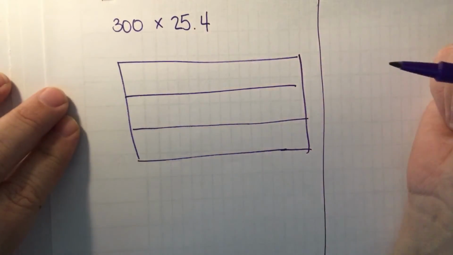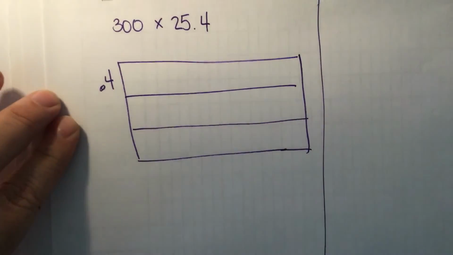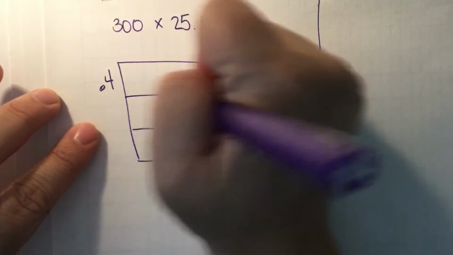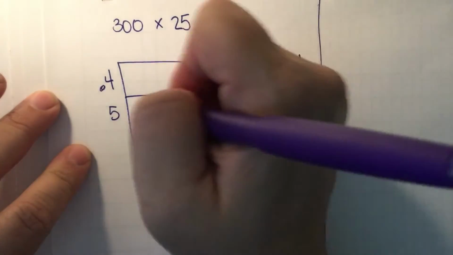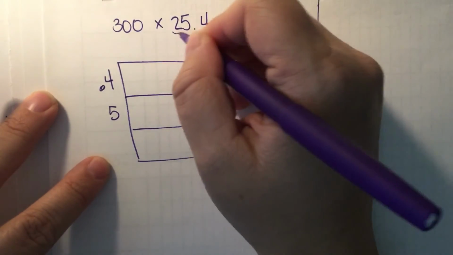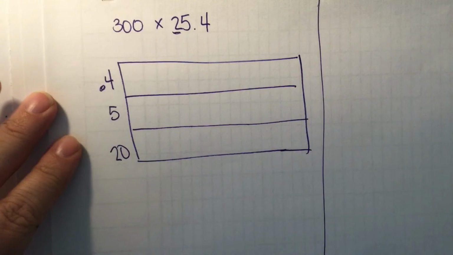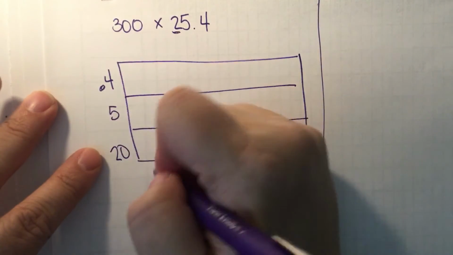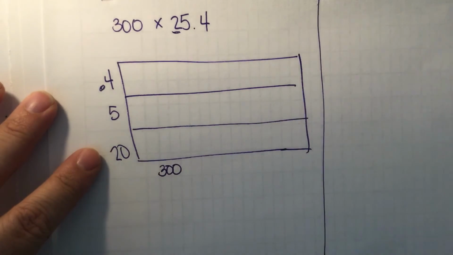I'm going to put my tens up here at the top on the outside, okay? And I'm going to put my 1s here, 5, okay? And I'm going to put my 10s here, 20. Okay. And then here at the bottom, this is what I need to multiply everything by, okay?